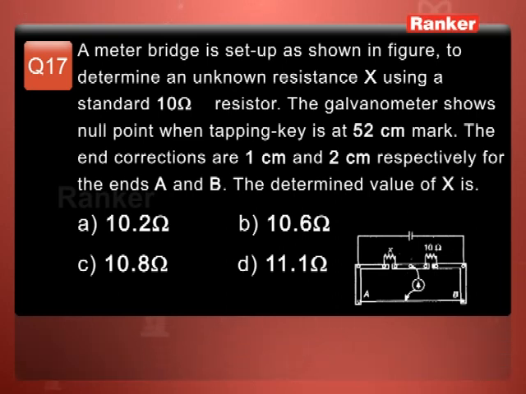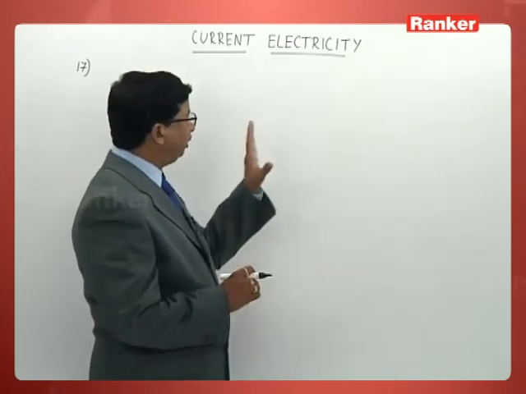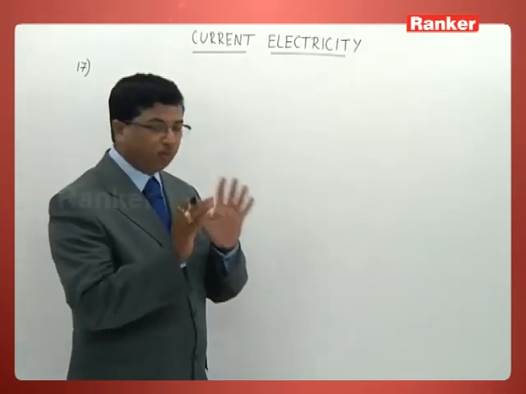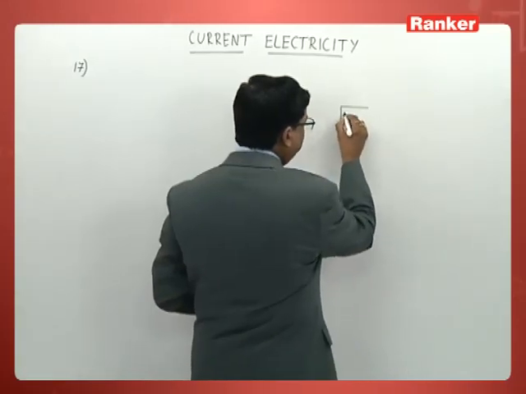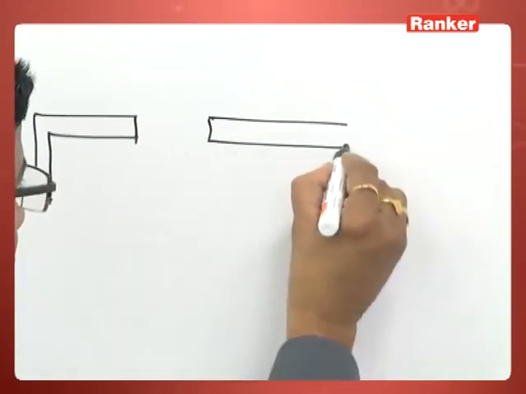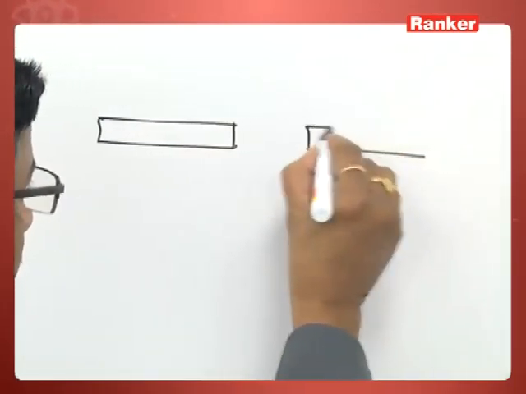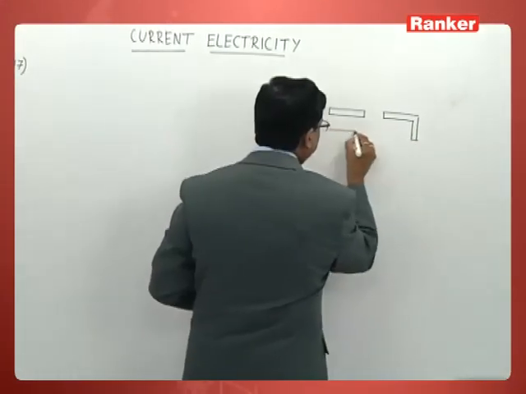That is the concept. Very clearly, he has given us a small circuit. You just look at it. It is a meter bridge circuit only. Like this he has mentioned. This is the base. This is the wire.